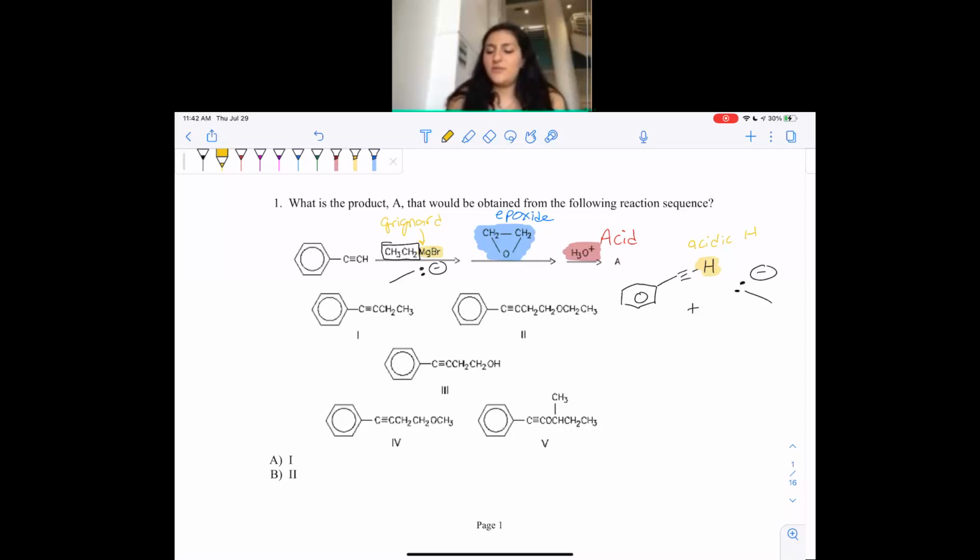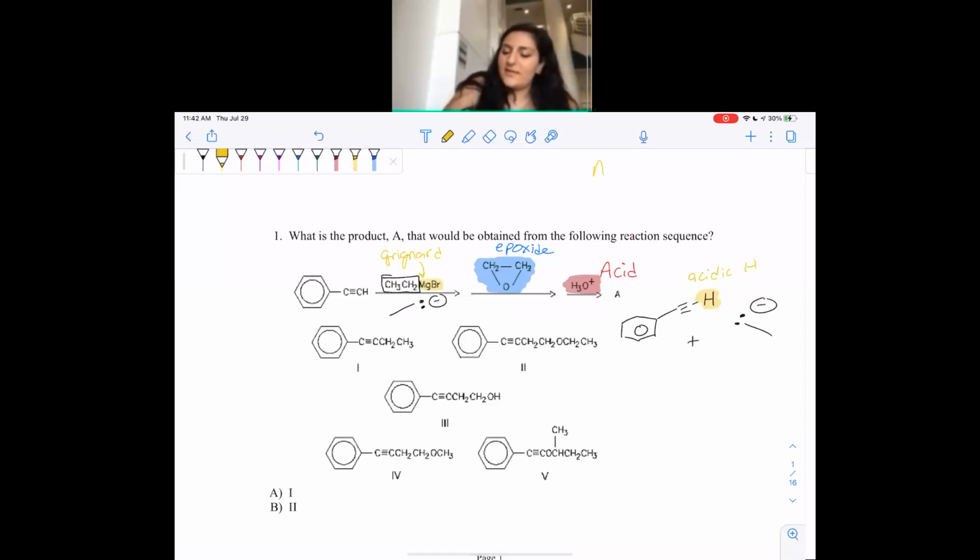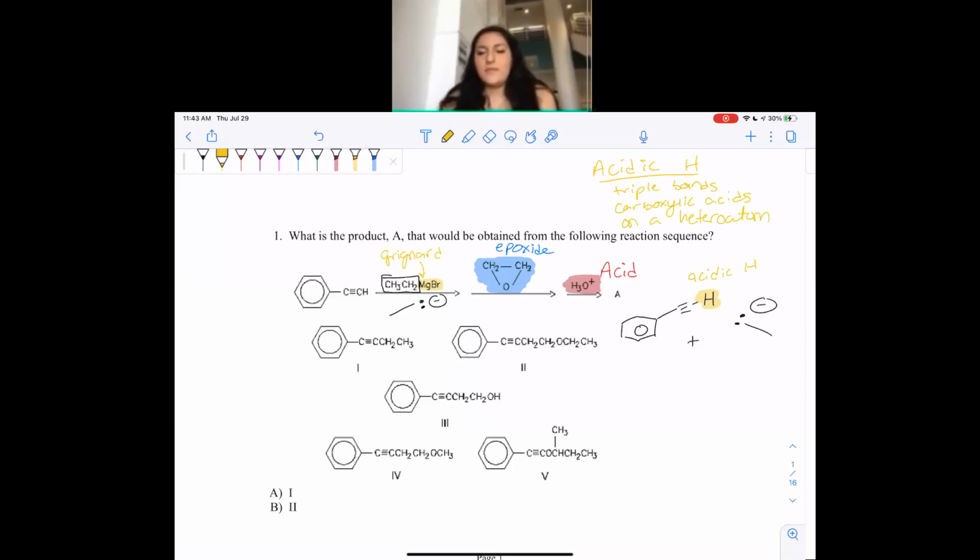Just to recap, acidic H for the Grignard reaction is considered triple bonds, carboxylic acids, and H on a heteroatom. Someone asked, when will it be a nucleophile?